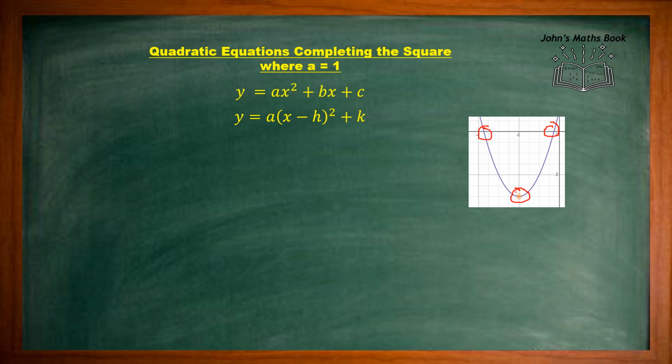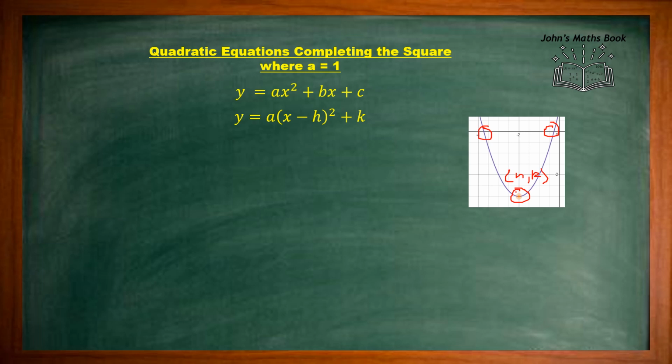Now the coordinates of the vertex can be found at h and k, as shown when we rewrite the quadratic equation. So let's look at an example of how we complete the square.